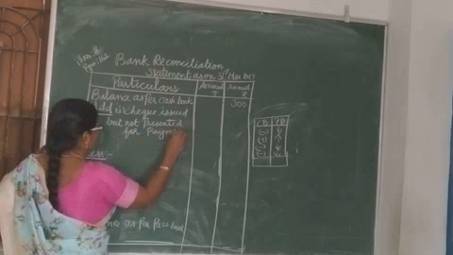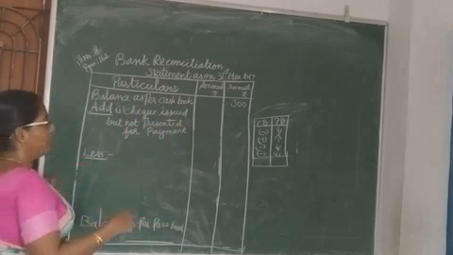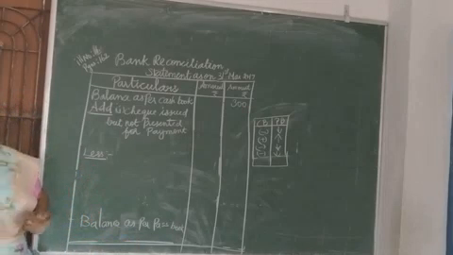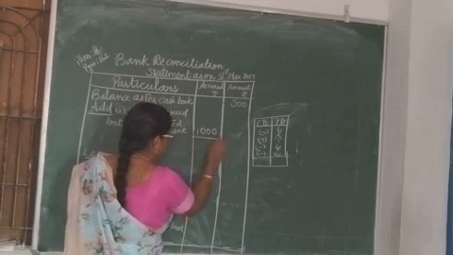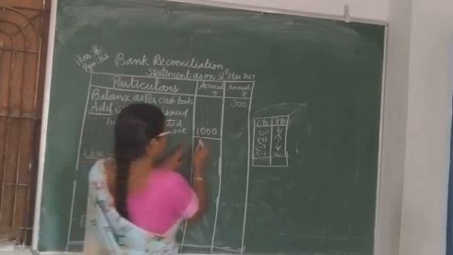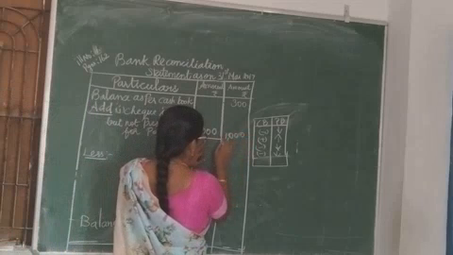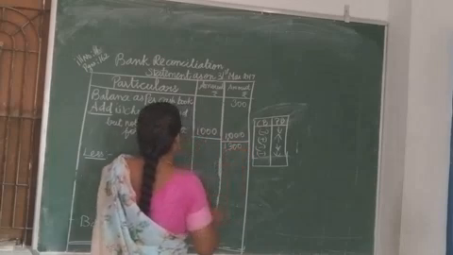If he wants to get the cash, he must give the check and then encash the money. What is the amount? The amount being 1000. Write the amount; only one item we have identified. The same line, you can write here also 1000 rupees. Outer column, add both, 1300.